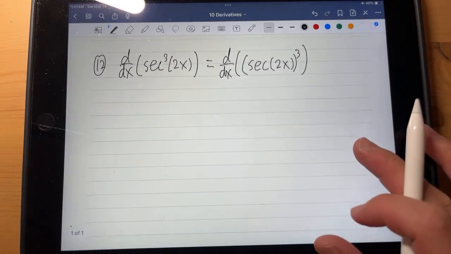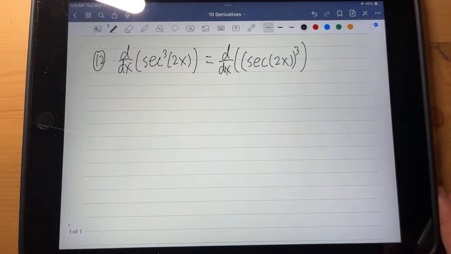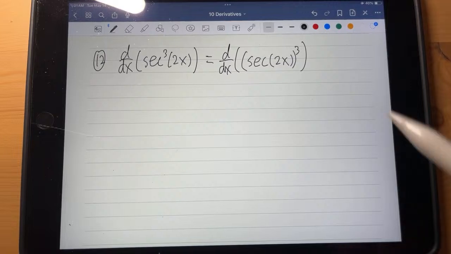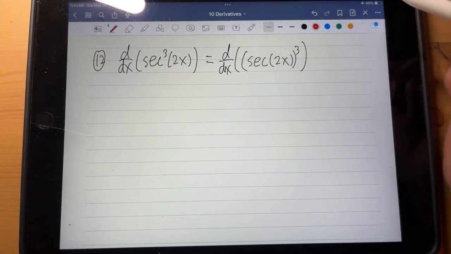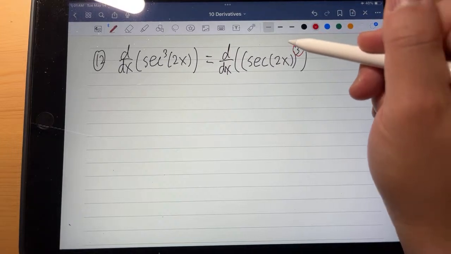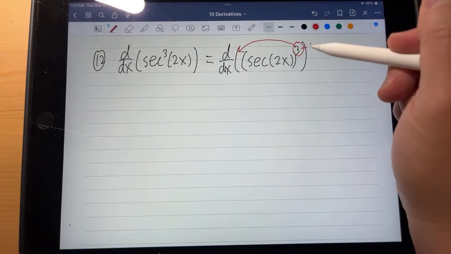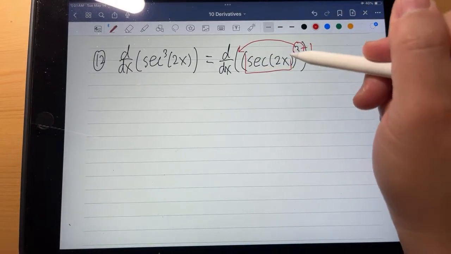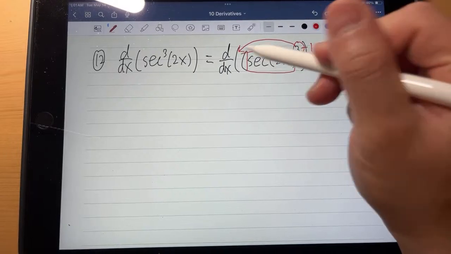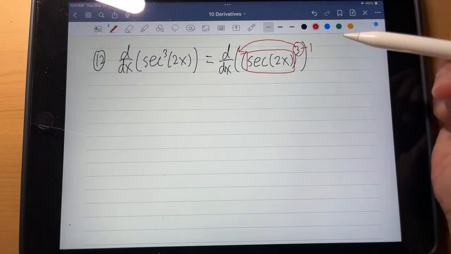So let's just focus on this question now. All right, let's continue. Bring the 3 to the front and then minus 1. We have a box raised to the 3rd power, so differentiate that first.